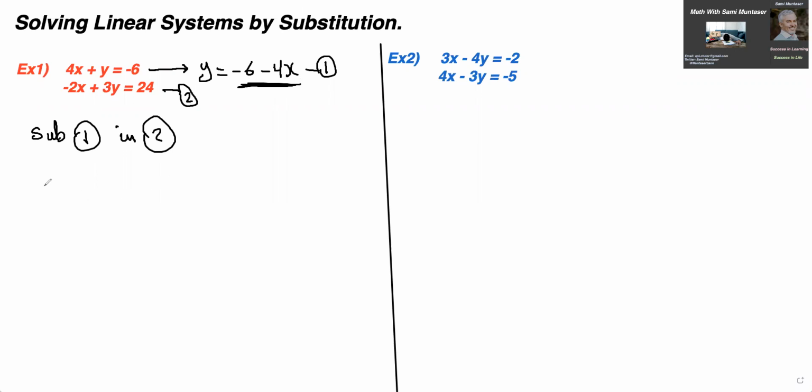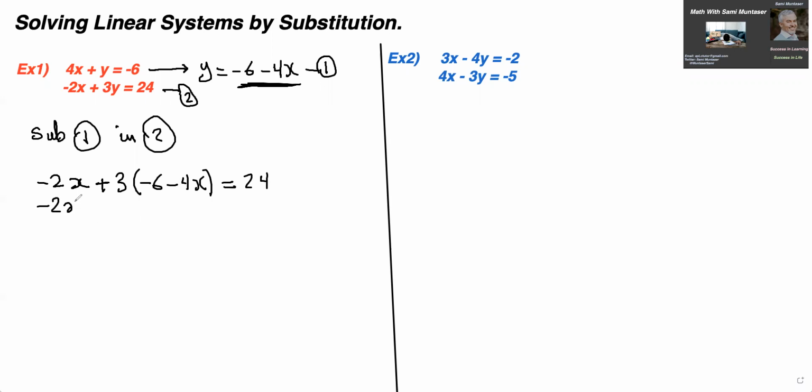That means you go to equation 2, you rewrite it as -2x plus 3, but when you get to the y, you sub the y value from this equation here, which is -6 minus 4x. And you still have equals 24. So what I did, substitution, I'm subbing this -6 minus 4x in for the y in the second equation. And everything else stays the same.